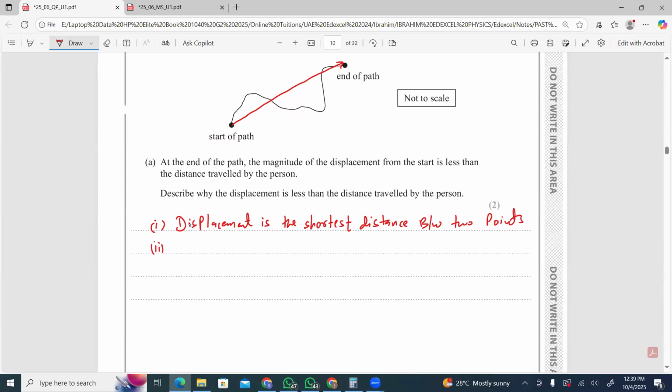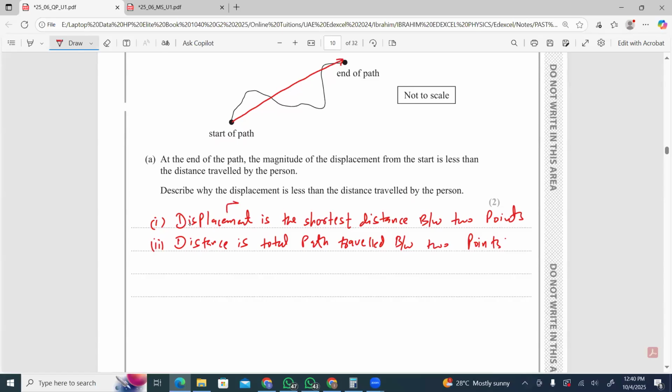whereas distance is the total path traveled between 2 points. So displacement is actually a straight line and a vector.